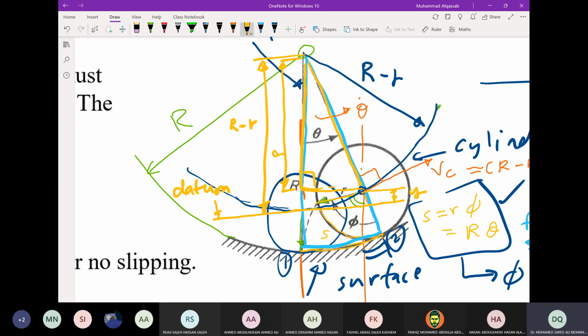So this is (R minus r) multiplied by cosine theta. And then y becomes (R minus r) minus (R minus r) cosine theta.